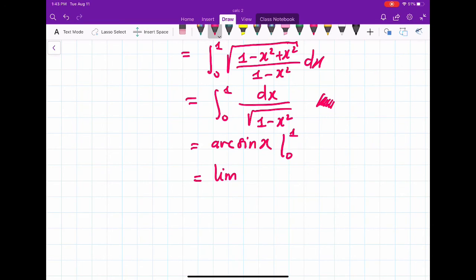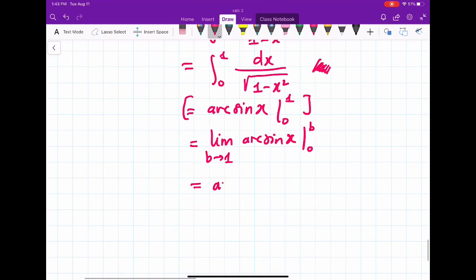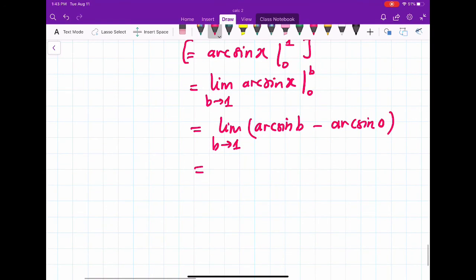So that is the limit of arc sine of x evaluated from 0 to b, right, when b approaches 1. So you have arc sine of b minus arc sine of 0 when b approaches 1, and then this guy is just 0, right? So what is arc sine of b when b approaches 1?